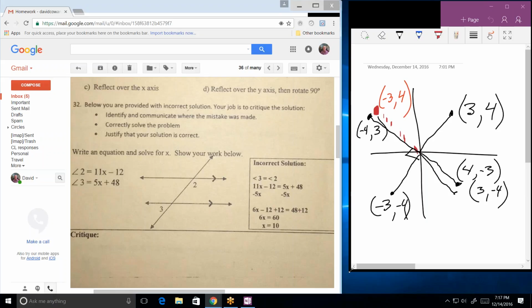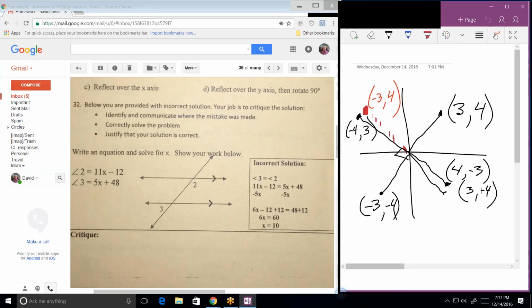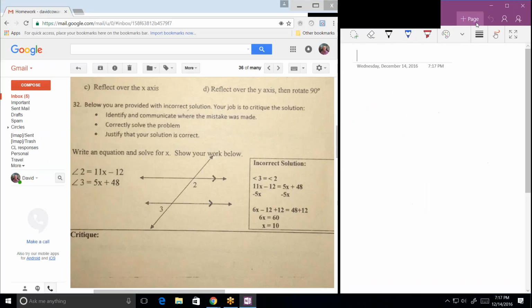Well, here, let's go over here. So let's see, we're solving for x. So how would we correctly solve for x?